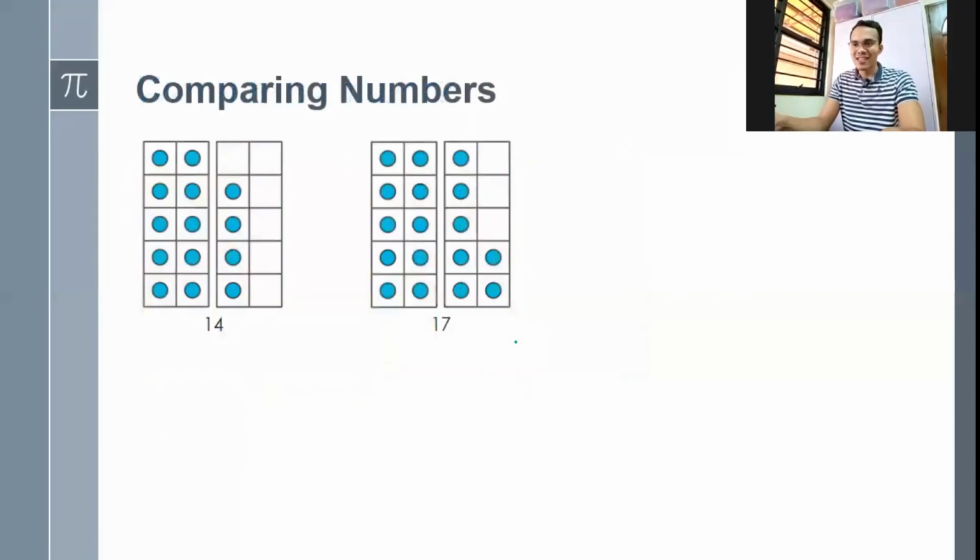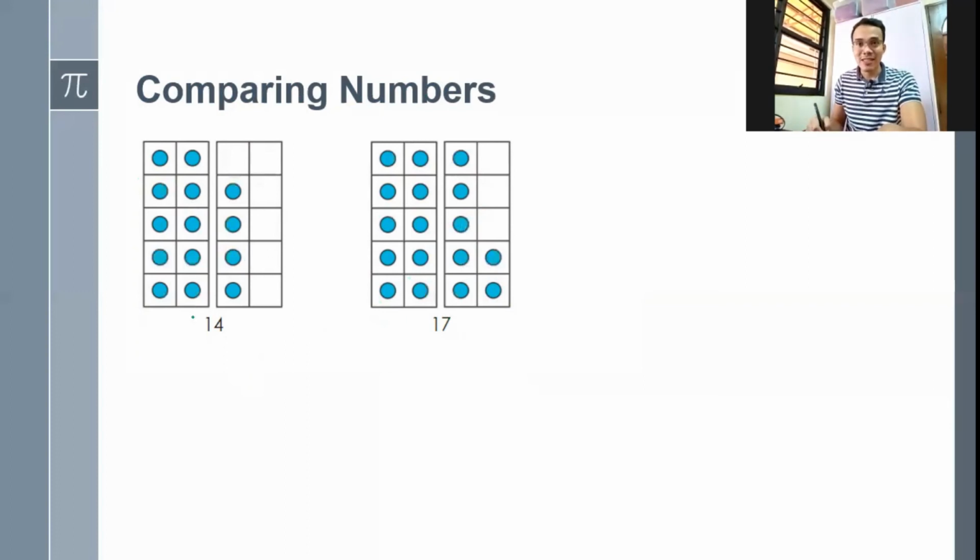Next, let's have comparing numbers. This time, we're not just going to compare the objects in the groups or sets. This time, we're going to compare the numbers. Like here, 14, the other one is 17. Which number is greater and which number is smaller? We can look at the objects in each group to compare number 14 and number 17.